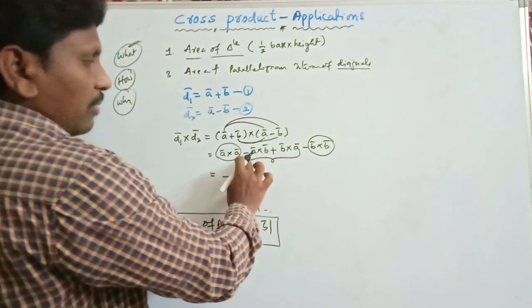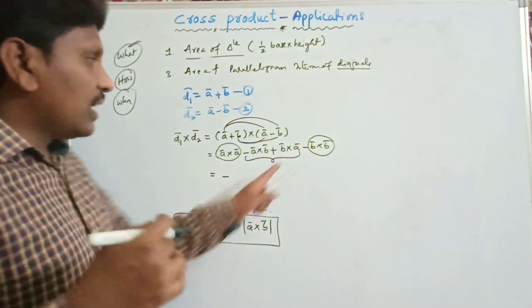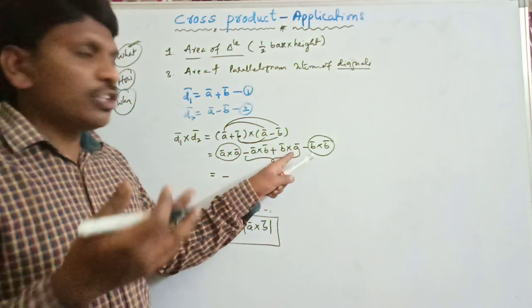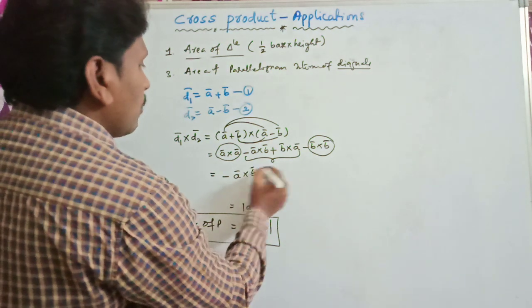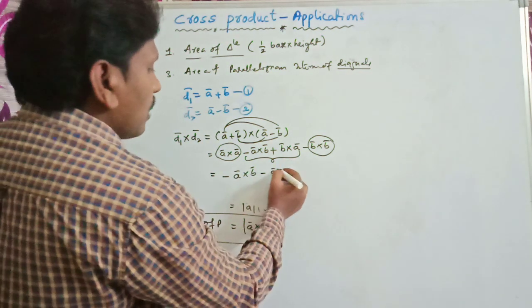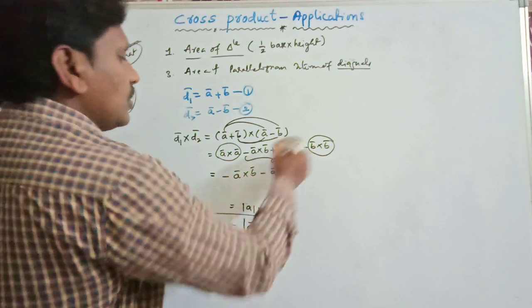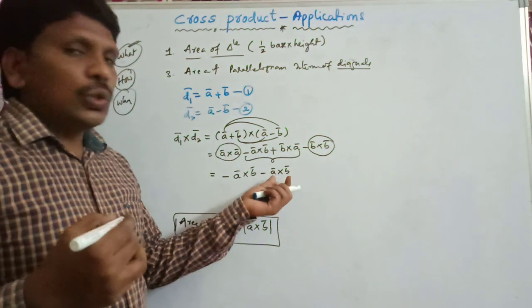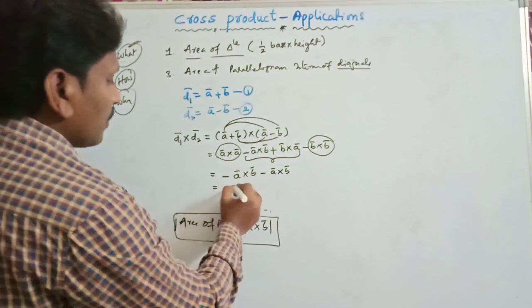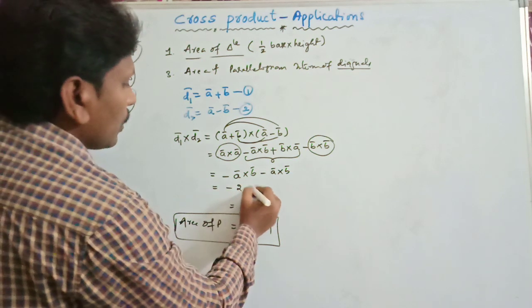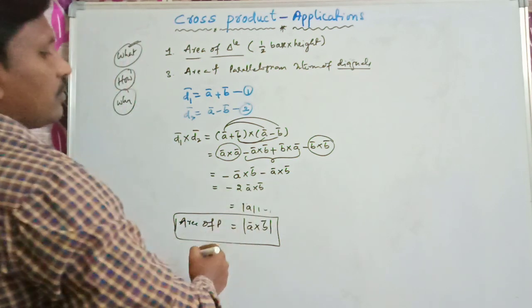Here minus is there, plus is there. If you write this using the non-commutative property, that is minus A bar cross B bar, and this is minus A bar cross B bar, by changing the order. From this we can write minus 2 into A bar cross B bar.